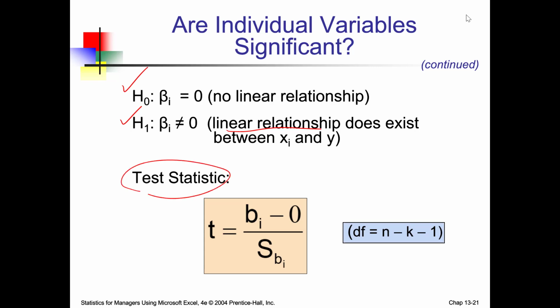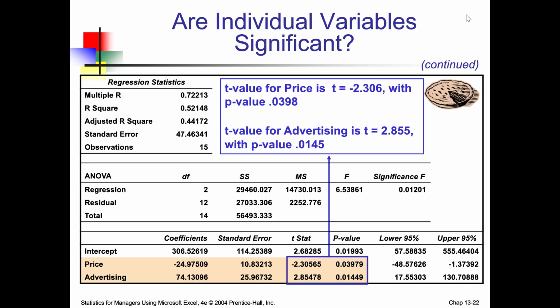The test statistic is the t-value, bi minus beta i, but beta i is always 0, so that's bi minus 0 over the standard error of bi. The degree of freedom is the sample size minus the number of independent variables minus 1. That's basically how we find the test statistic.